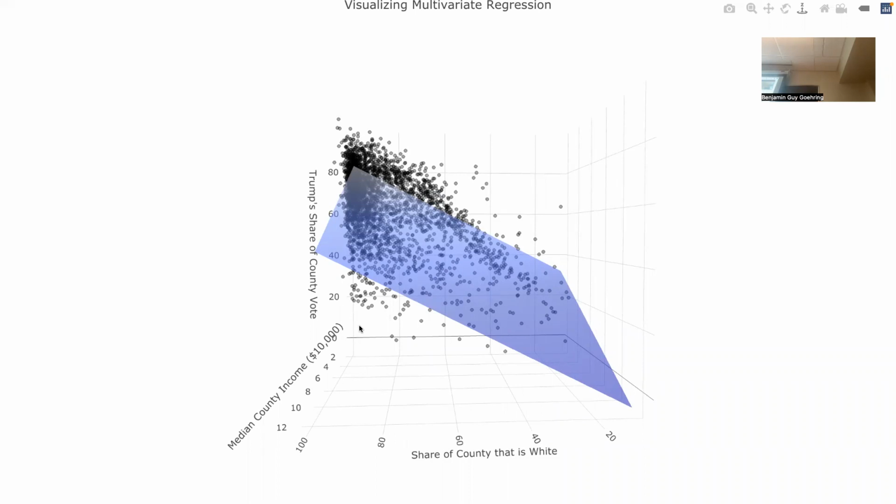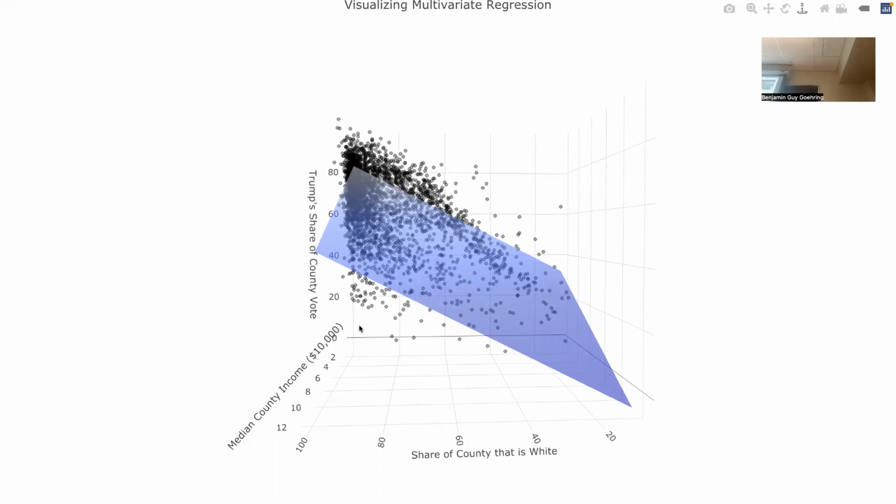Remember that our slopes on both the share of county that is white and median county income are negative. So let's say we hold median county income at $80,000. That's going to put us someplace on this plane.